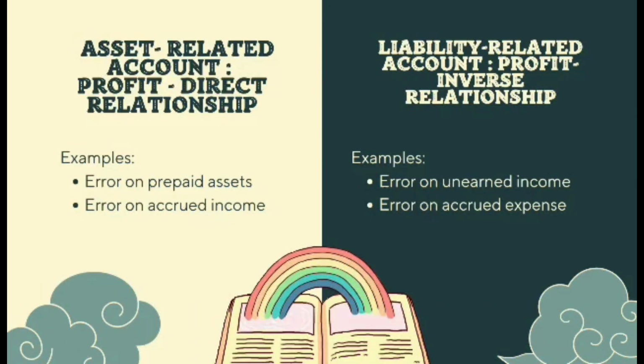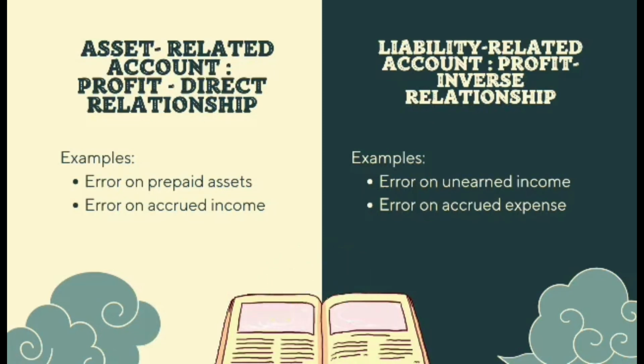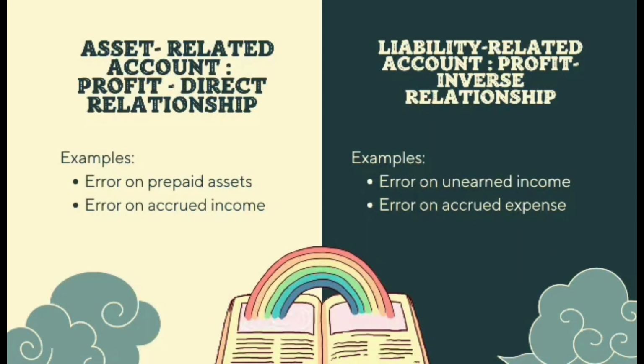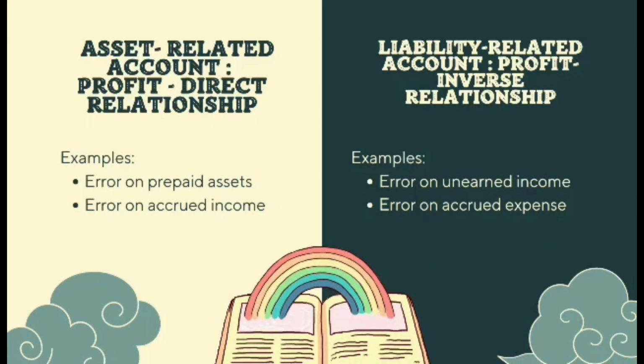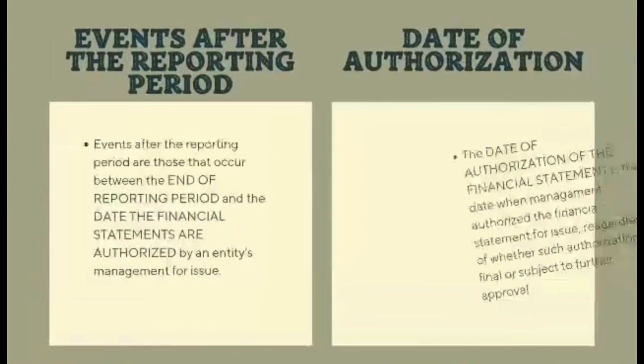Next, liability related account, profit inverse relationship. If a liability related account is understated, the profit is overstated. That is the meaning of inverse relationship. The examples of these are error on unearned income and error on accrued expense.